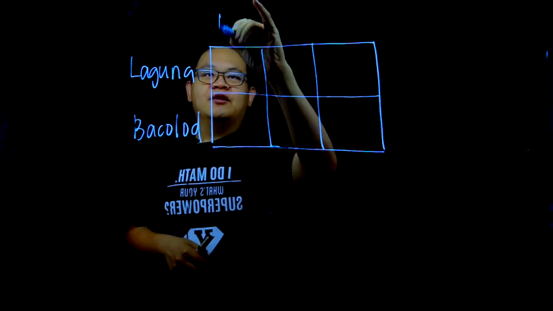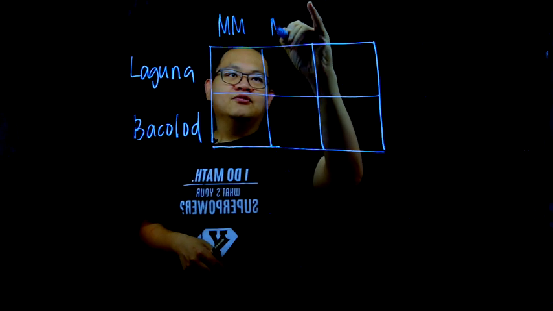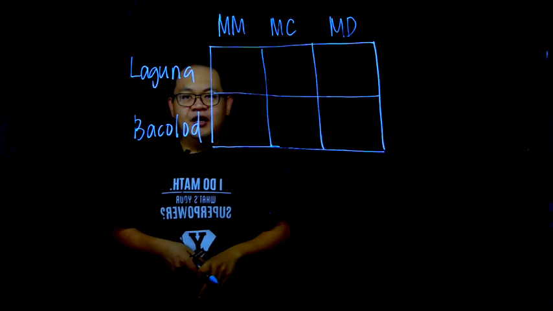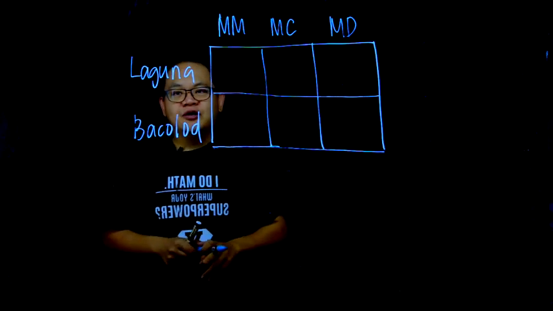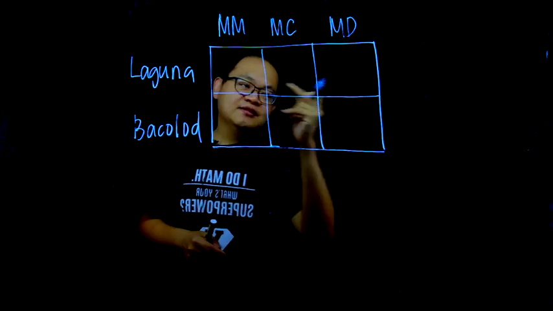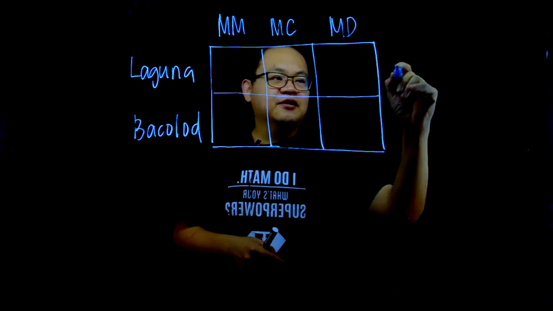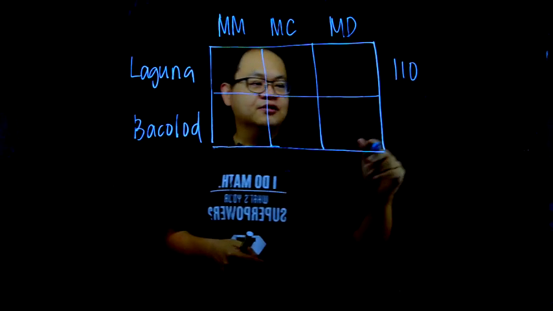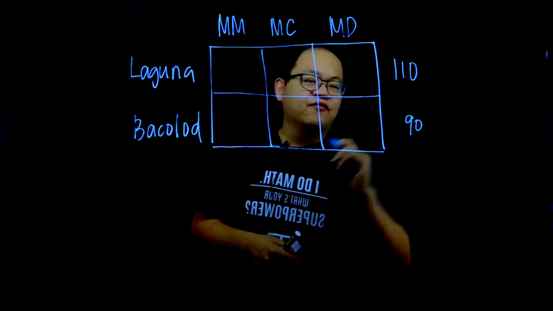And let's name them Metro Manila, Metro Cebu, and Metro Davao. Okay? Now, according to your operations people, let's say the Laguna Bottling Center can produce 110 units of Coke. And let's say the Bacolod Center can produce 90 units of Coke.